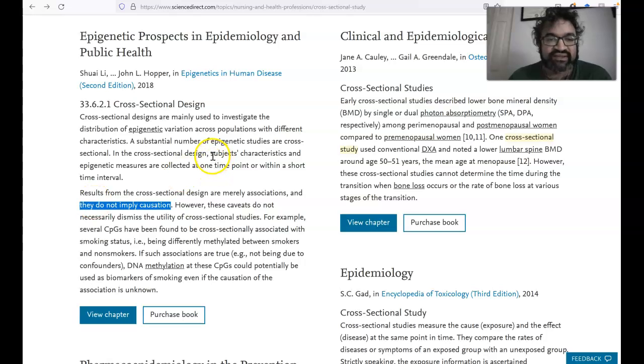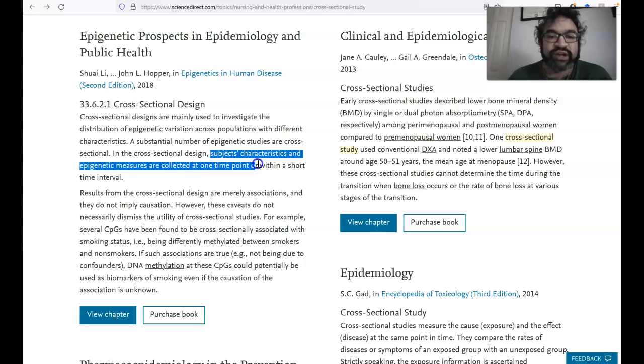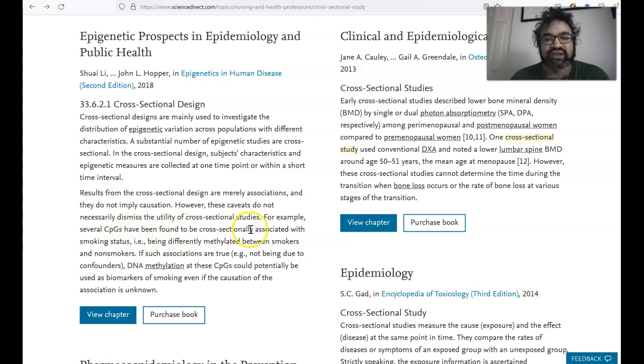Another point is that subjects' characteristics and epigenetic measures are collected at one point or within a short time interval. So technically you don't know which came first. There's other areas that are important. So for example, several of these CpGs have been found to be cross-sectionally associated with smoking status, being differently methylated between smokers and non-smokers.